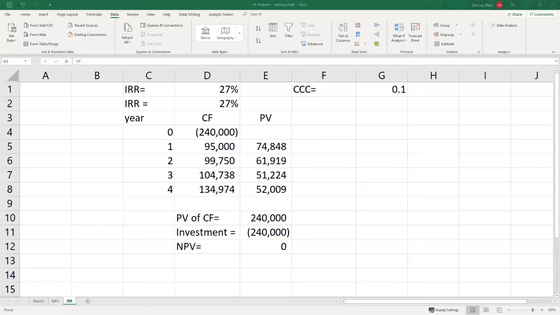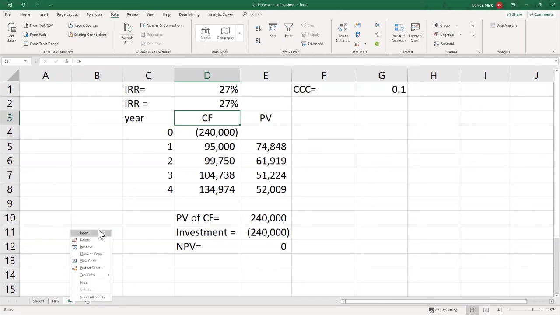Now, the process of calculating the modified internal rate of return is a little more complicated than these other two that we're doing. So I'm going to go ahead and copy. If you're following along now, I want you to go ahead and click on the IRR sheet down at the bottom on the sheet name.